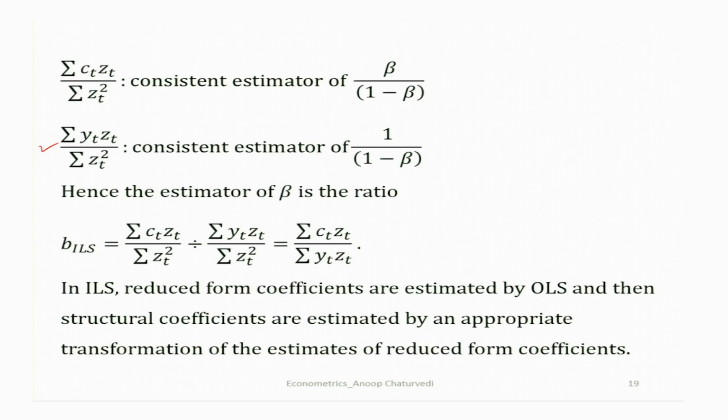So, you have obtained the consistent estimators for the slope coefficients of the reduced form equations. Then using these two estimators, you can obtain an estimator of beta. So, you take the ratio of these two: beta divided by 1 minus beta, divided by 1 upon 1 minus beta, is equal to beta.